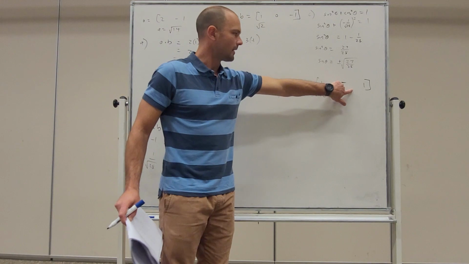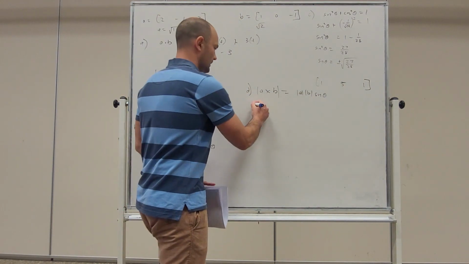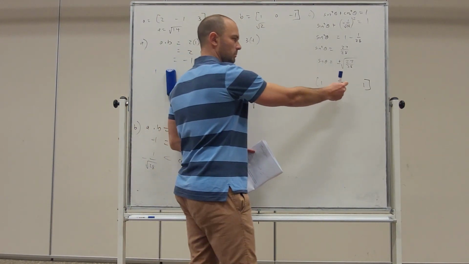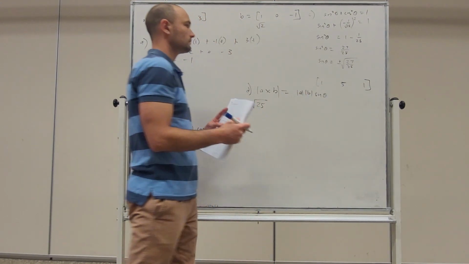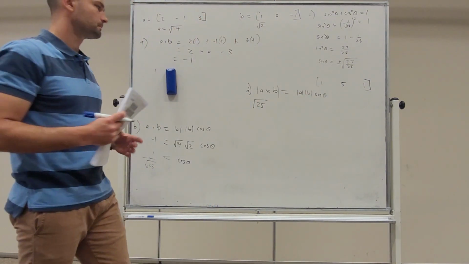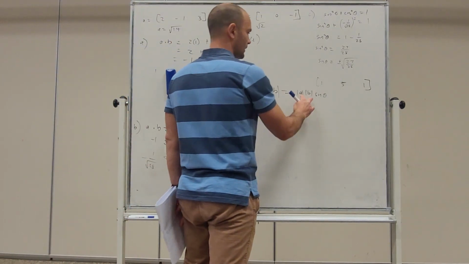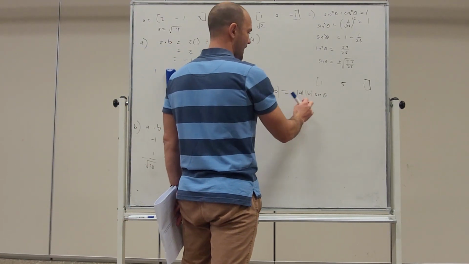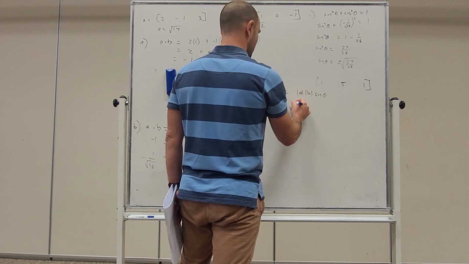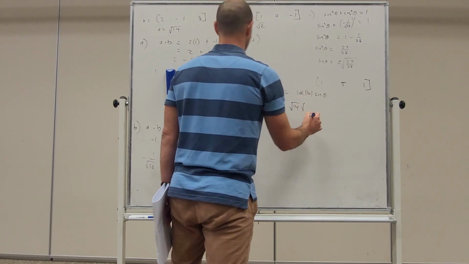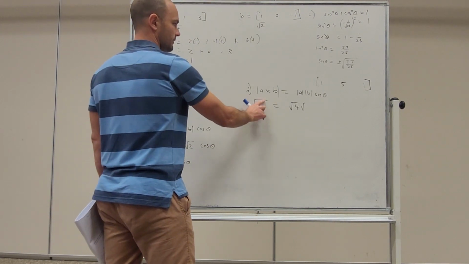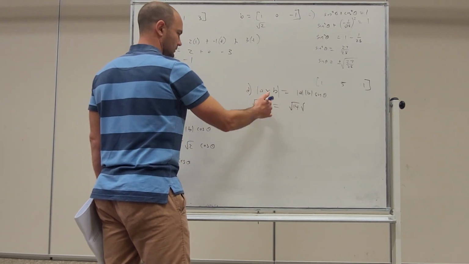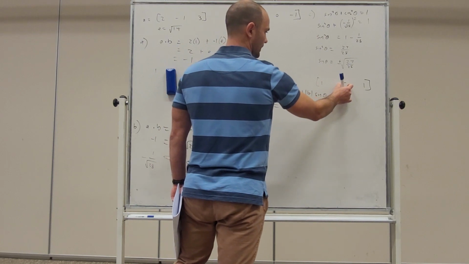Okay, so the modulus of A cross B is going to be equal to the square root of 1 squared plus 5 squared plus 1 squared. That's root 25, sorry, that's 27, isn't it? 5 squared plus 1 squared plus 1 squared.